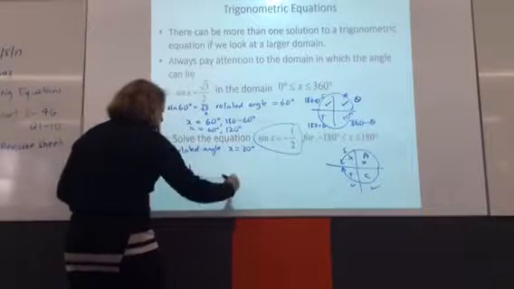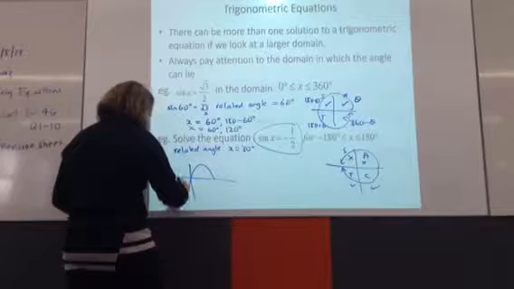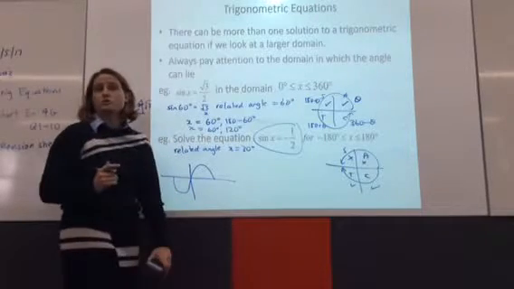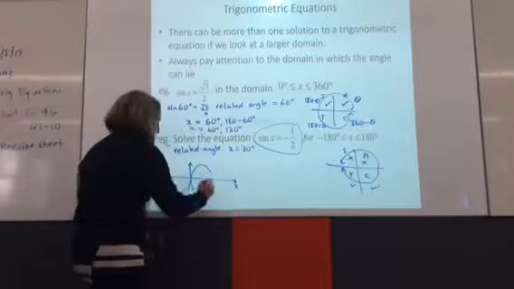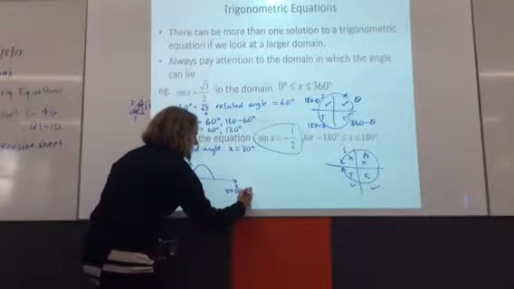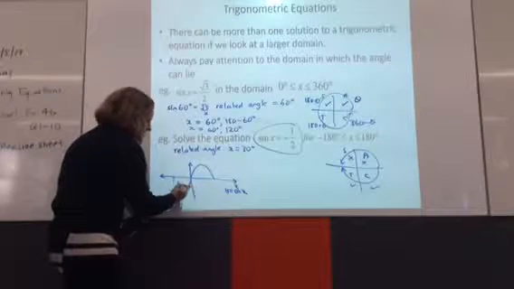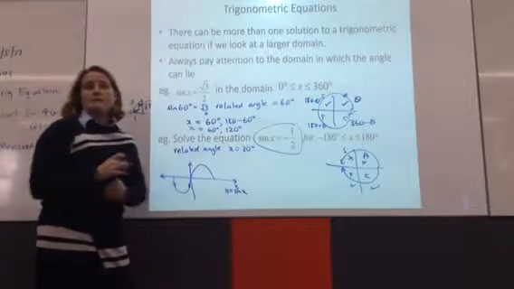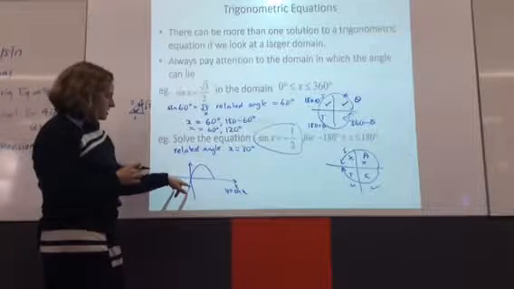So if I was to draw this graph, I'm only considering this and this. If I know how to draw sine, this is x, and this is y equals sine x. So I know that I'm actually going to have two solutions by understanding the graphical solution. So they're going to be here.